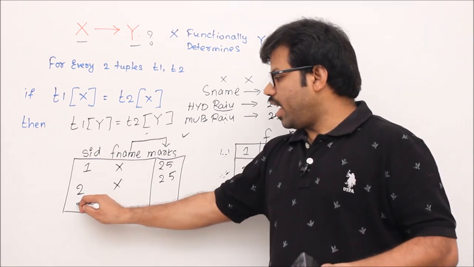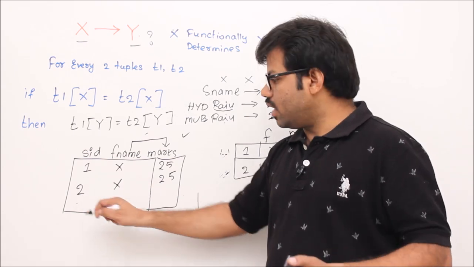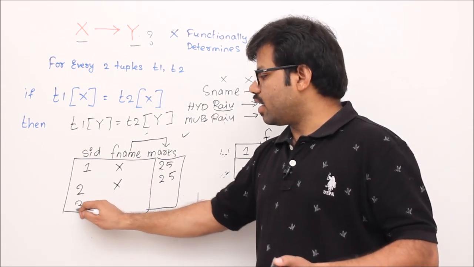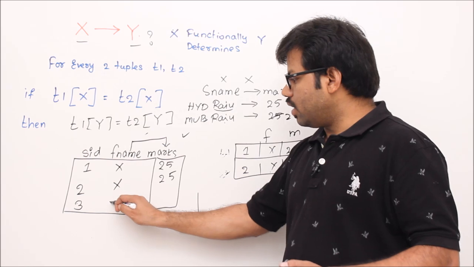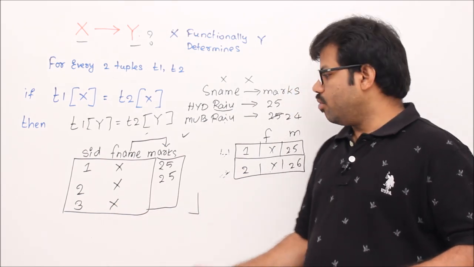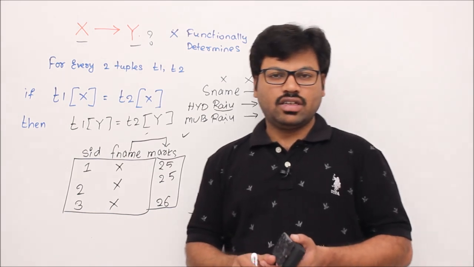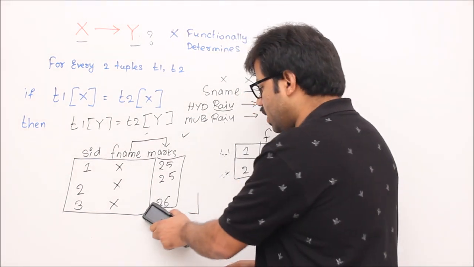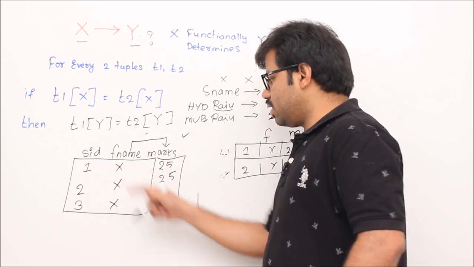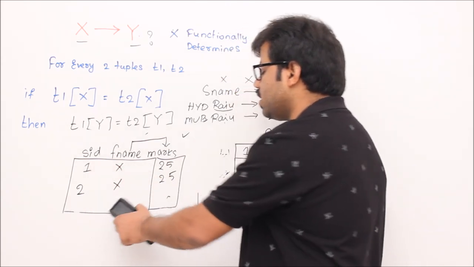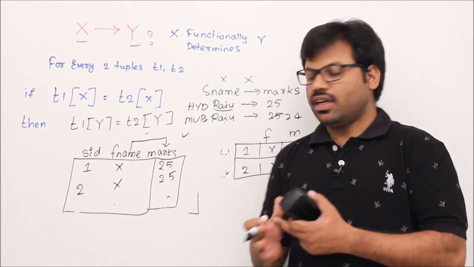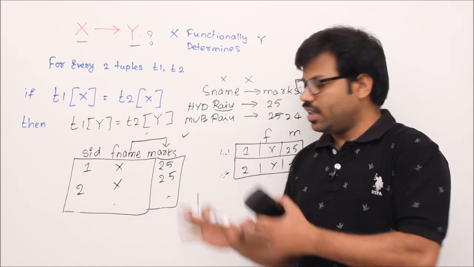Tomorrow there might be this kind of data. It's obvious that one more person might come and his father name is also the same, X, but he may get different marks, like 26. So what I want to say is, by seeing the instance, this is called an instance. An instance is nothing but a particular snapshot of the table, whatever data you have at this moment.